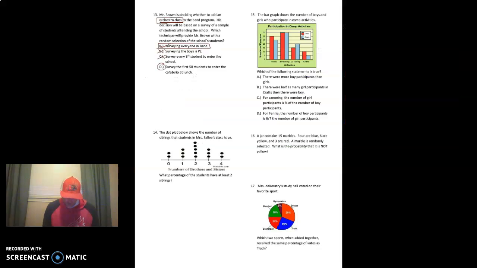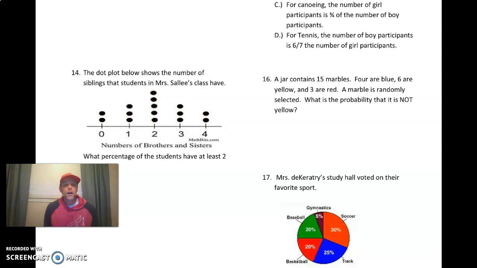Let me see if I can get one more done before my time runs out. The dot plot below shows the number of siblings that students in Miss Salih's class have. What percentage of the students have at least 2 siblings? At least means 2 or more.